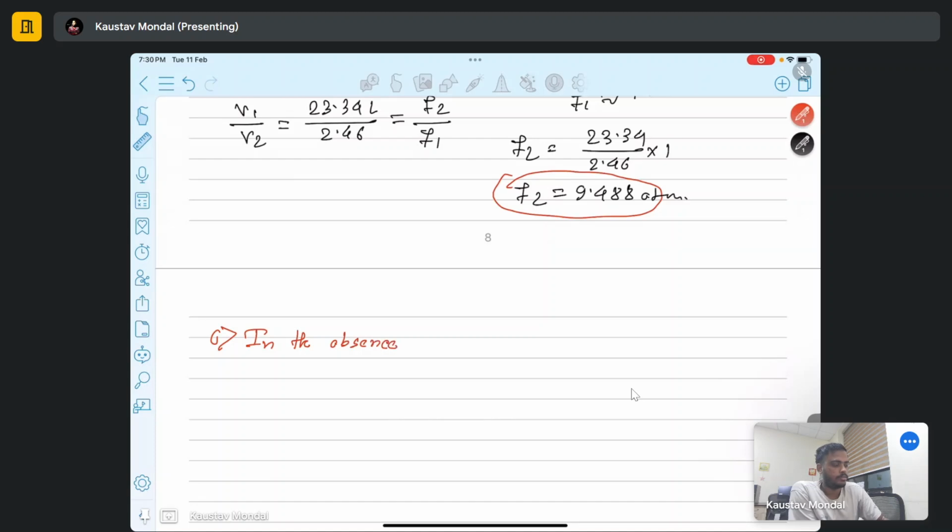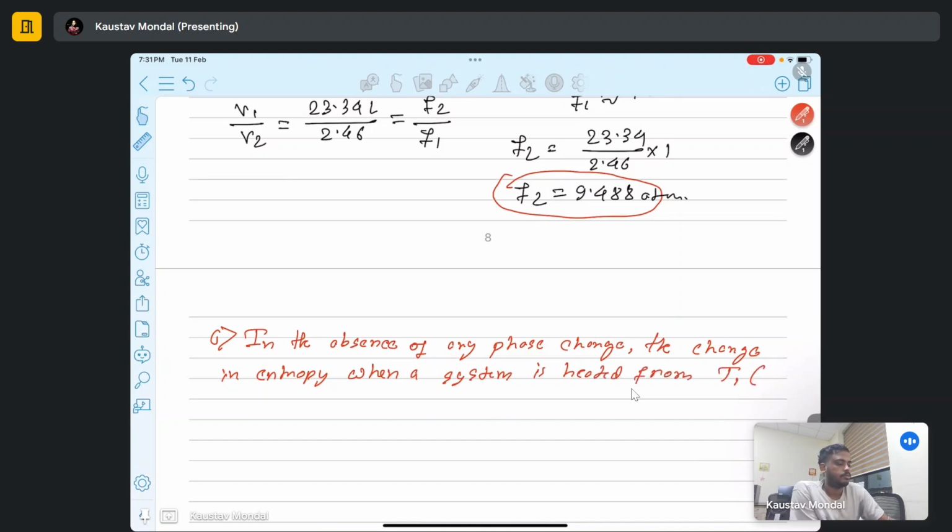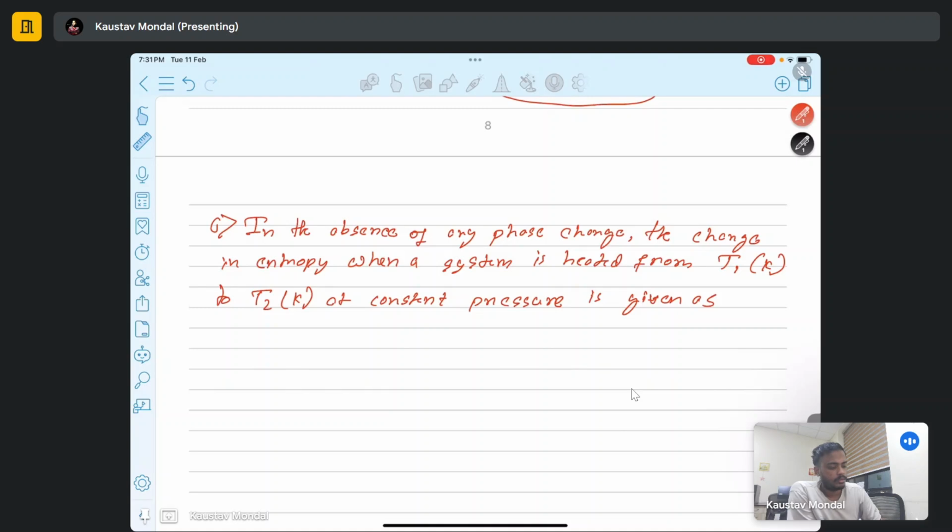In the absence of any phase change, the change in entropy when the system is heated from T1 Kelvin to T2 Kelvin at constant pressure is given as: option A is delta G1 by delta H1 by T1 minus delta G2 delta H2 by T2.